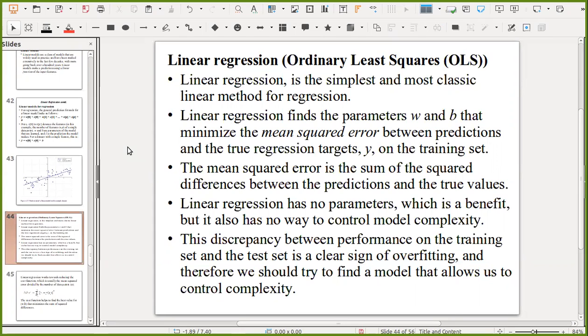So linear regression has no parameters, which is a benefit, but it also has no way to control the model complexity. Whenever we are talking about the parameters, we can say W and B are the only parameters available. X and Y are the existing data values. And that's why here we cannot control this model much. And there is also a discrepancy between the performance on the training set and test sets. So it will often go for overfitting.